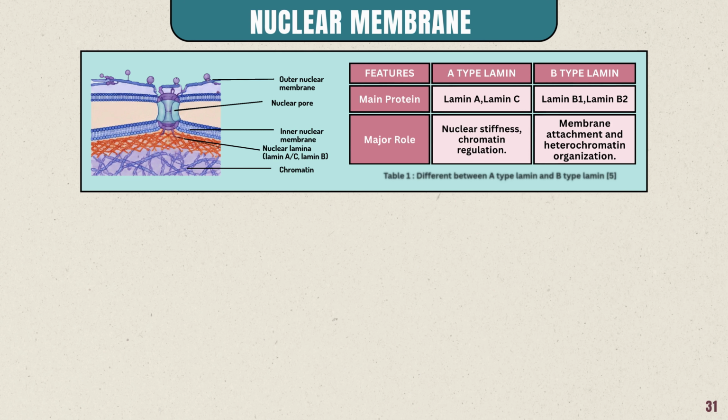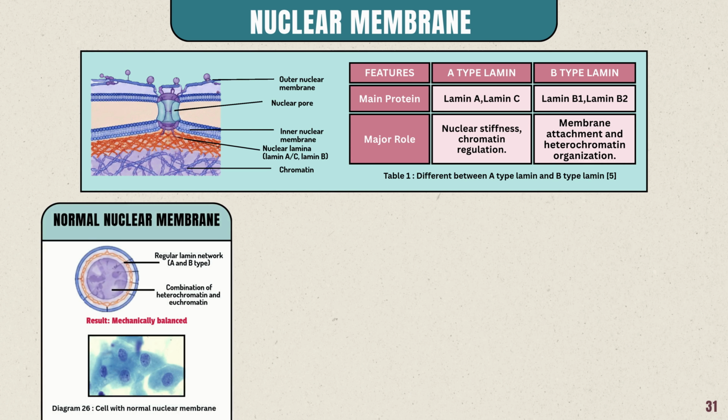There are two main types of lamins: A-type lamins and B-type lamins. A-type lamins consist of lamin A and lamin C that provide mechanical stiffness and regulate chromatin, while B-type lamins consist of lamin B1 and lamin B2 that anchor the nuclear lamina to the inner membrane and attach the heterochromatin to the nuclear periphery, maintaining nuclear stability.